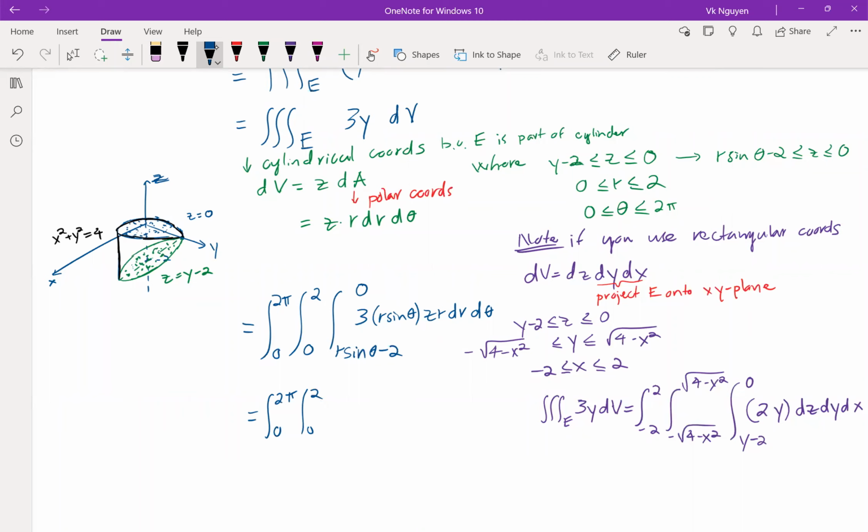Okay, so here's going to be 3r squared sine theta, and then z squared over 2, r sine theta minus 2 to 0, dr d theta.